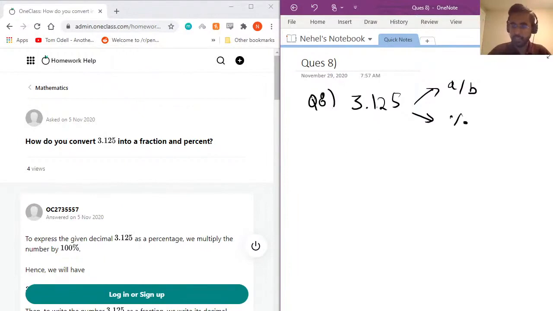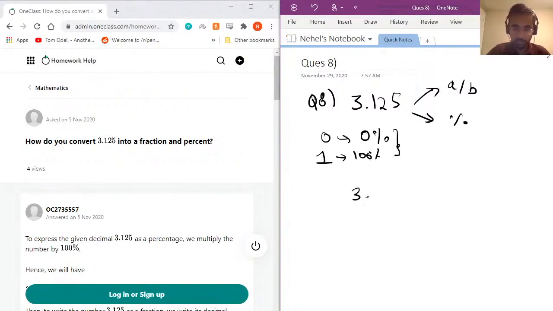So in your mind, you should already know that since this number is greater than 1, you would get a percentage which is greater than 100%, because essentially 1 represents 100% and 0 represents 0%. Any number between them would fall between 0 and 100%, and any number above that would be greater than 100%.